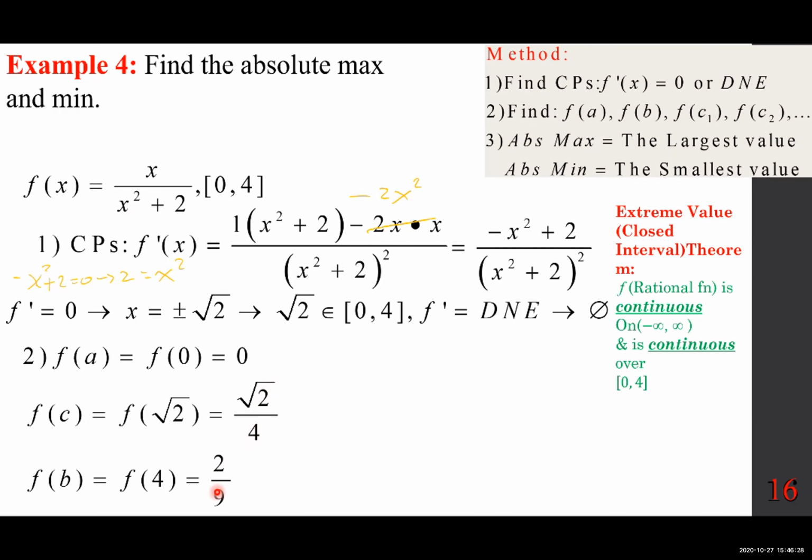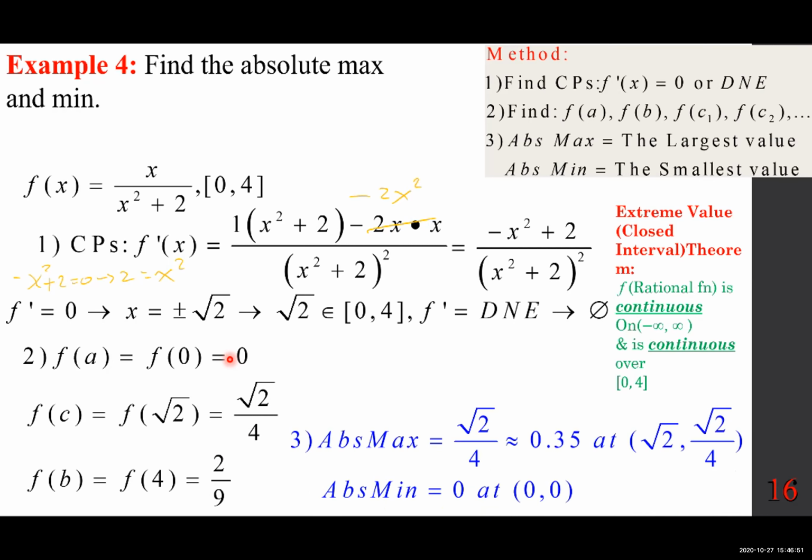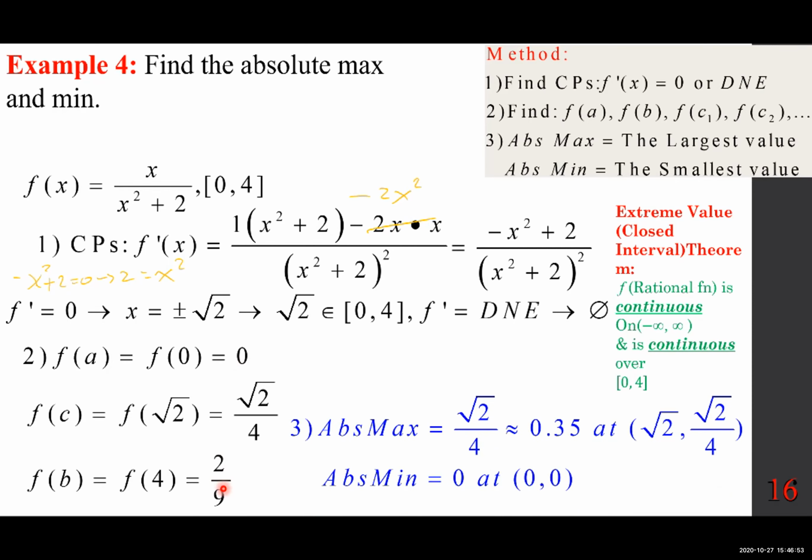If you don't, you can go with the decimal representation to see that. One easy way to see it is that if you multiply 4 by 2, roughly you get 9. And if you multiply this one by 2, remember square root of 2 is 1.41, so it's 2.82, which is larger. So this is the largest value and 0 is the smallest value. And by the way, 2 over 9 or 4 over 18 is 0.2 bar.